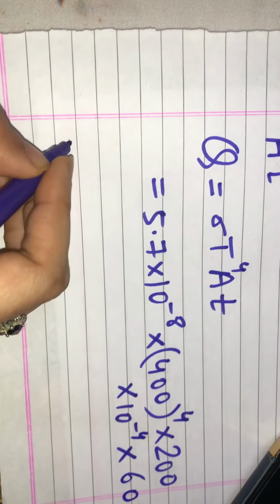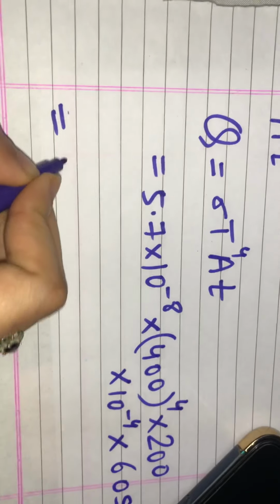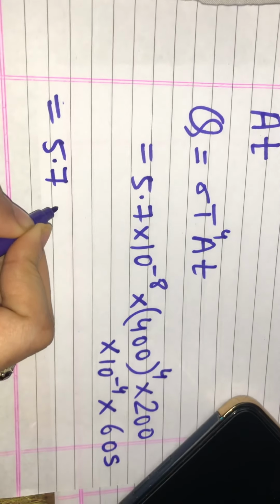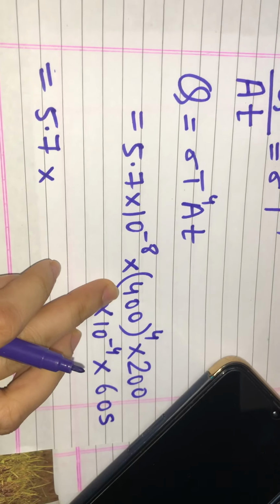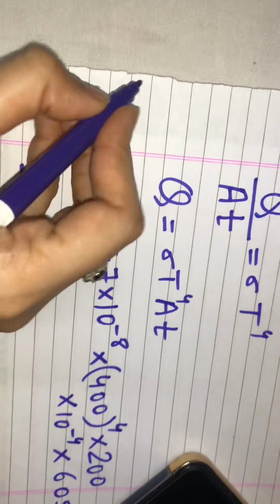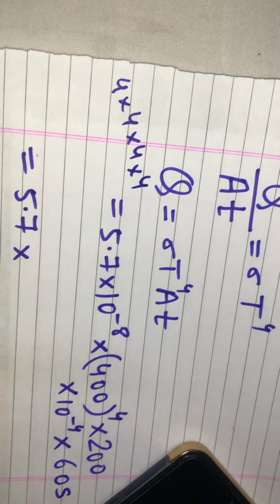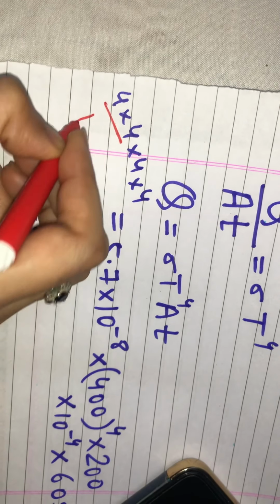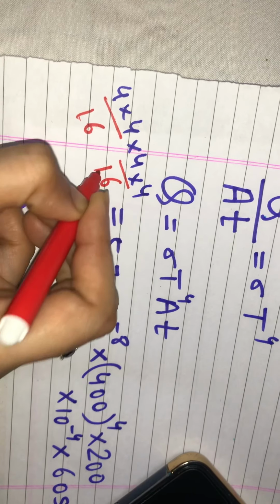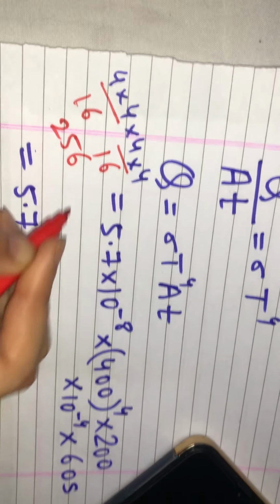We'll just multiply things now. It is 5.7, we'll write it as it is, into 4 four times. So 4 into 4 into 4 into 4. 4 fours are 16, 4 fours are 16, 16 into 16 is 256.